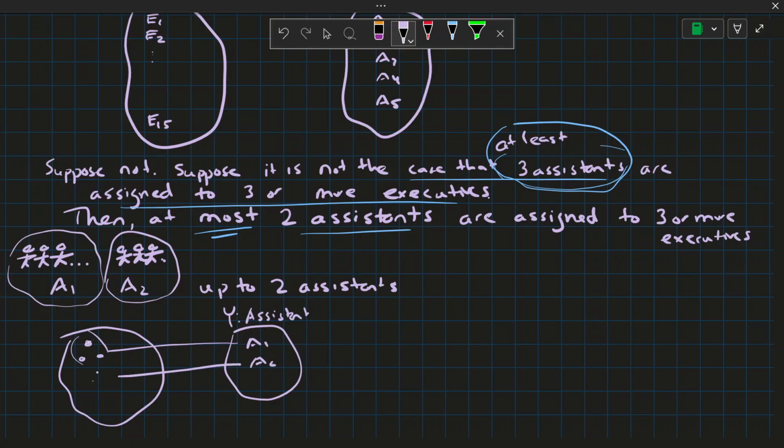And then as well, at most 3. Could be less. And so from all this, we can say that with those two assistants, at most 8 executives are served.